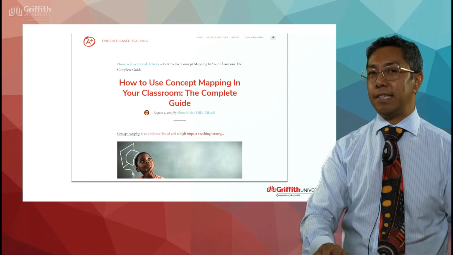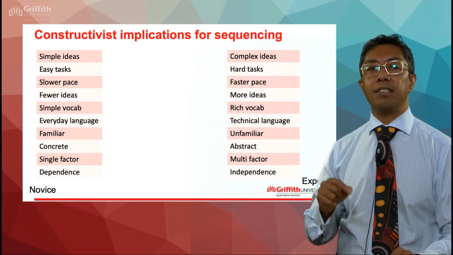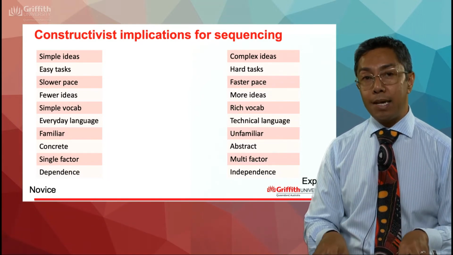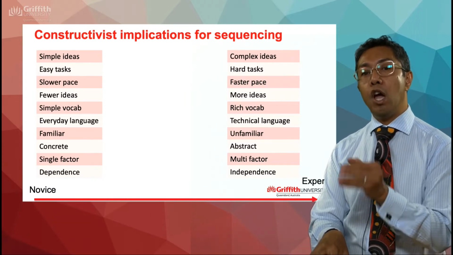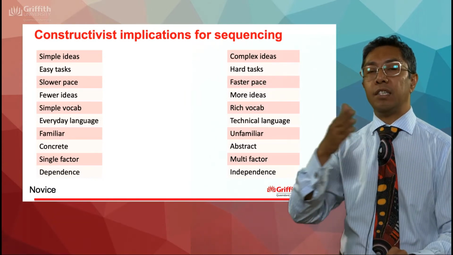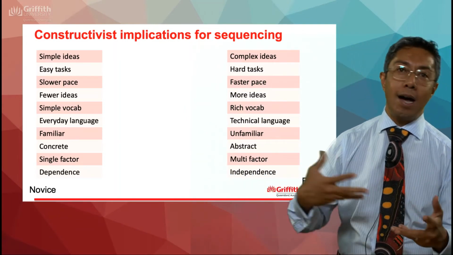Now, in terms of the scaffolding that I talked about earlier, there are implications for us as teachers, that as we are guiding and scaffolding students from that novice to expert, we're moving students along these continua. We're taking them from simple ideas to complex ideas, easy tasks or hard tasks.